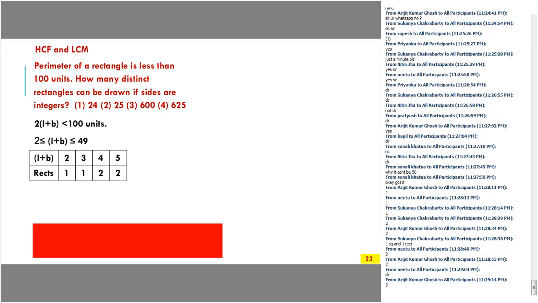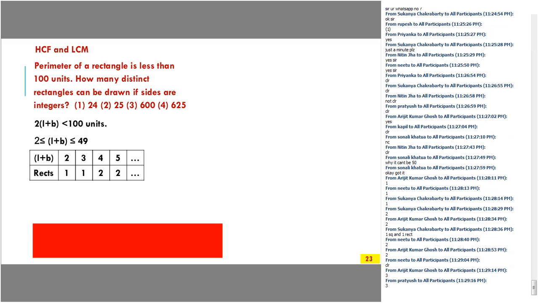If L plus B is 6, what will be the answer? How many rectangles can be drawn? So it will be like this: 1 comes twice, 2 comes twice, 3 comes twice, up to 24 comes twice.